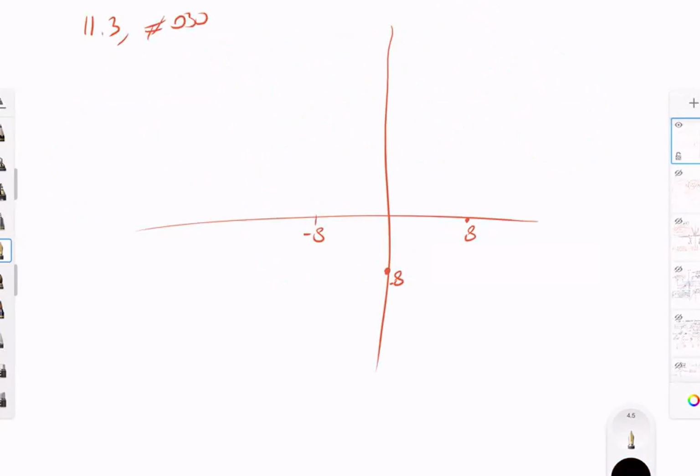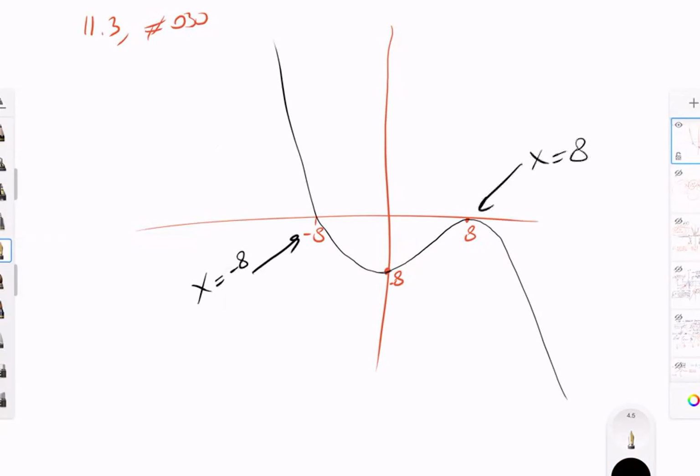This is actually a good question. They're asking us what is the equation of this graph. So we have a polynomial. It looks like a chair, so definitely this is not a rational function. You should be able to differentiate. This is not rational because we don't have a vertical asymptote. A rational function has a vertical asymptote. You don't see any dots. So this is x equal to negative 8, this is x equal to 8, and this is y equal to negative 8.